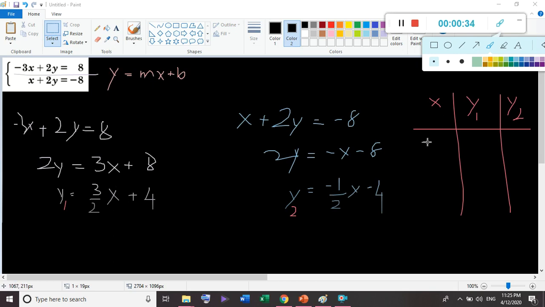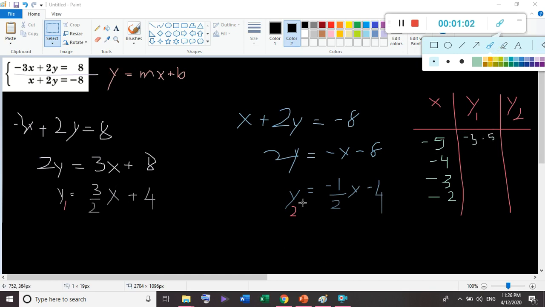Let's have x values from -5, -4, -3, -2. Okay, so let's start solving this together. If we substitute -5 in y1, it's 3/2 times -5, which is -7.5, plus 4, which is -3.5.